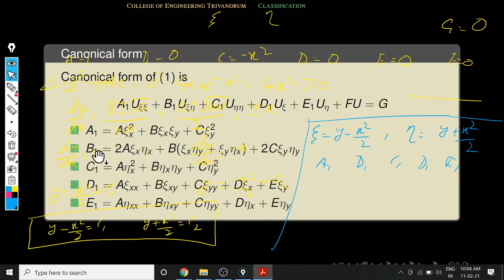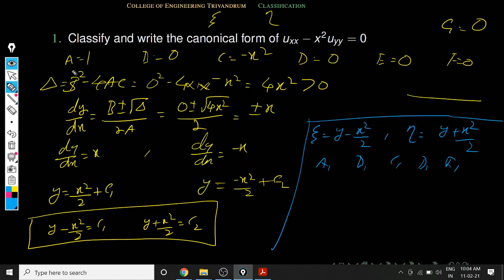To compute these, we have to find all the partial derivatives of psi and eta. So before evaluating a1 to e1, you simply evaluate psi x, psi y, psi xx, psi xy, and psi yy. Similarly, eta x, etc.